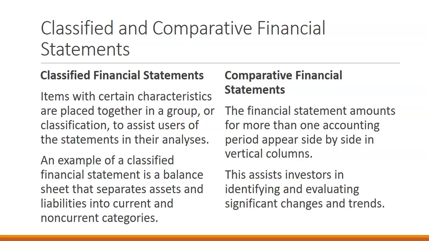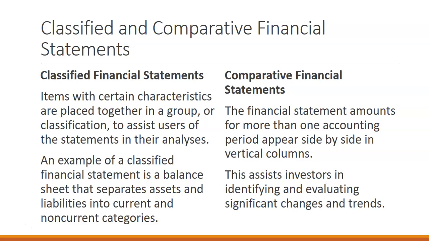So the classified financial statements and comparative financial statements that publicly traded companies put out. The classified financial statements collect assets together. So items with certain characteristics are placed together in a group or classification to help us with analysis of their statements.